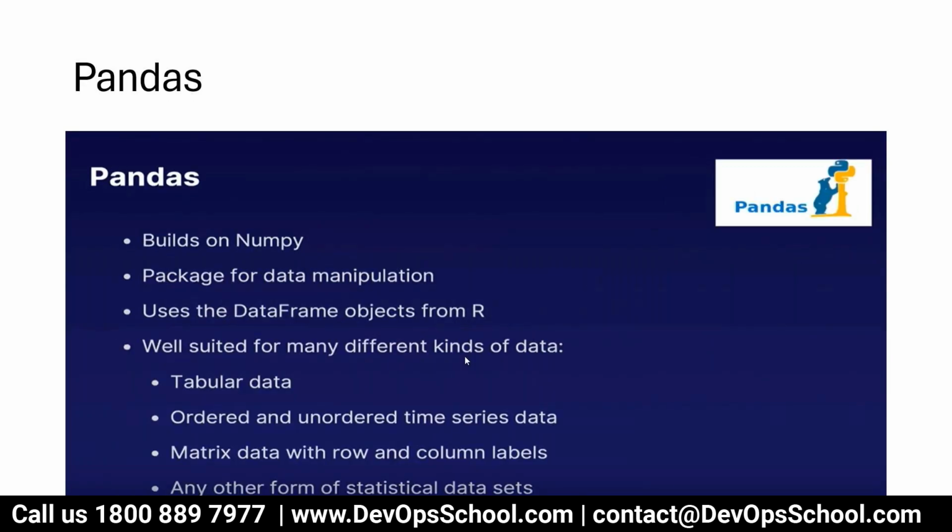Pandas again builds on NumPy, and this package is for data manipulation. It uses the data frame object from R, and is well suited for many different kinds of data, like tabular data, ordered or unordered data, matrix data with row and column labels, and many other things. So this is another library which I explored today at a high level.